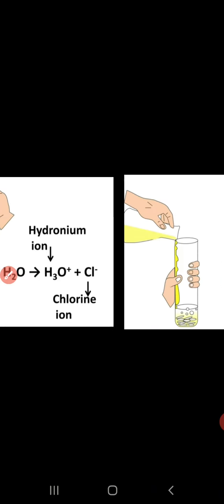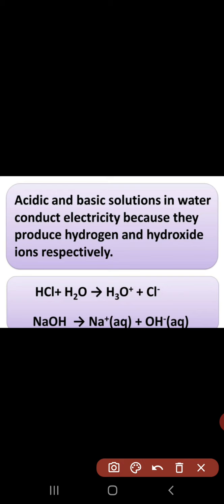Now, acidic and basic solutions in water conduct electricity because they produce hydrogen and hydroxide ions respectively. Acidic solutions produce H plus ion and basic solutions produce OH ion.